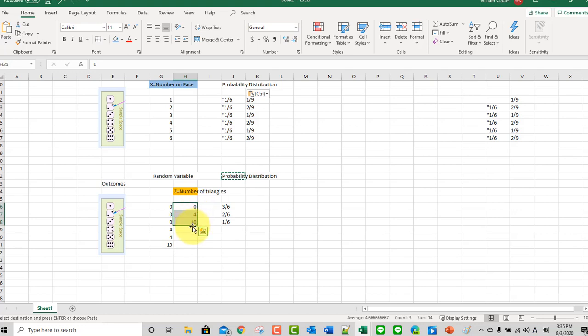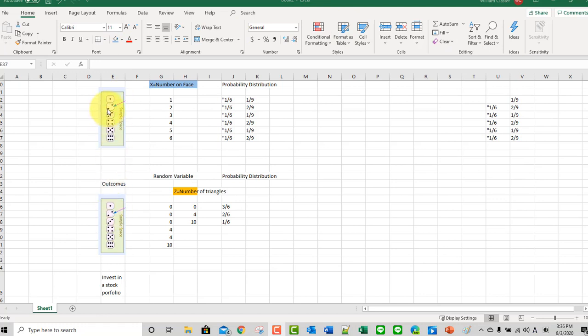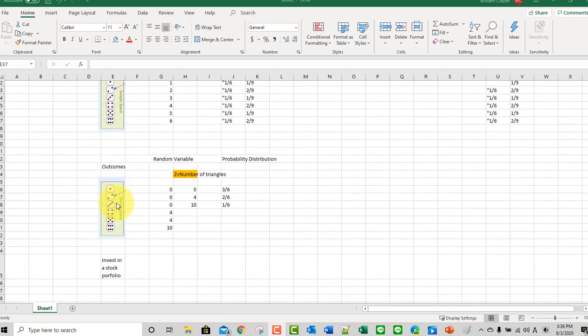It just lists the distinct different possible values and their probabilities. Okay, so these were both the same experiment that was rolling a die. We had the same set of outcomes here, but the random variables were different even though we did the same experiment with the same sample space.